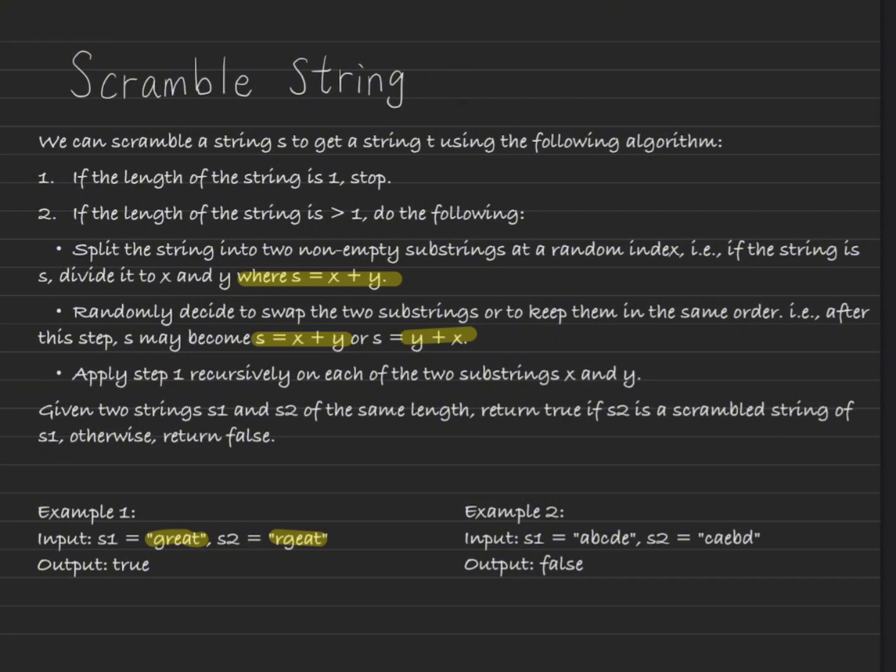This is because we can scramble it once and keep the order, and then scramble the first substring again to get rgeat. In the second example, S1 is abcde, S2 is caebd, and the output is false because no matter how we scramble S1, we cannot arrive at S2.